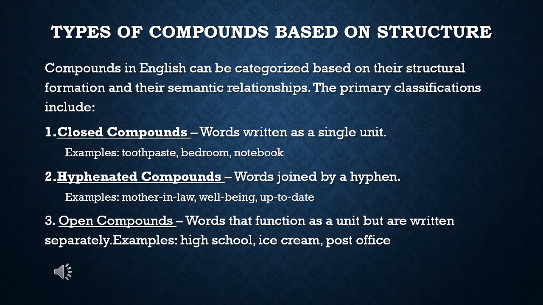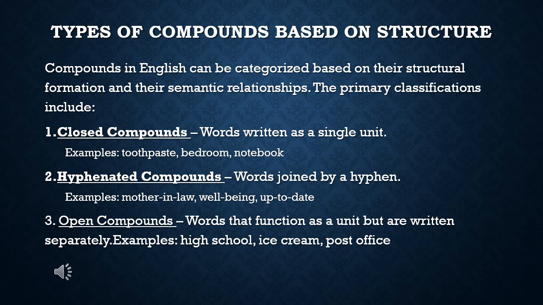Compounds in English language can be of various types based on their structures. In English, compounds can be categorized based on their structural formation and their semantic relationships. By semantic relationships, we mean relationships based on meaning. The primary classifications include number one, closed compounds.